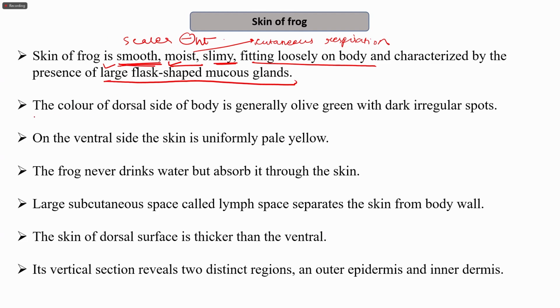The color, this is very important. The color of the dorsal side of the body is generally olive green with dark irregular spots, while on the ventral side the skin is uniformly pale yellow.